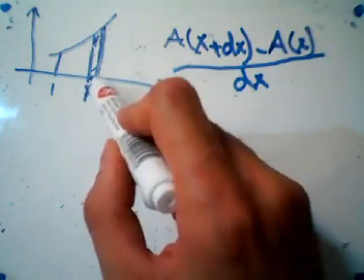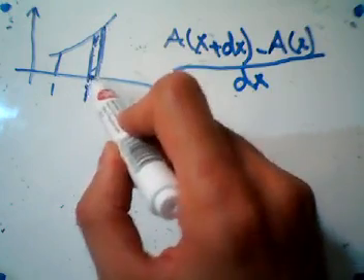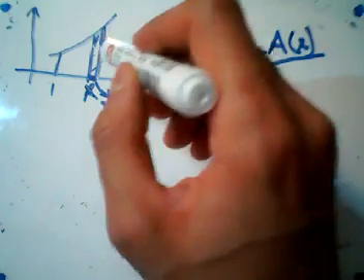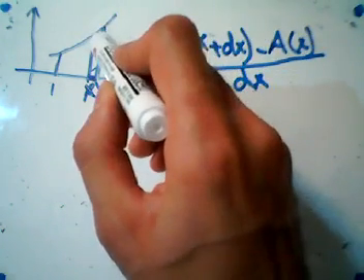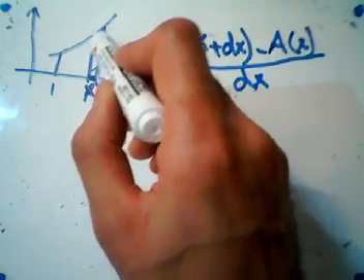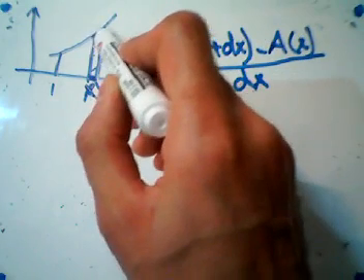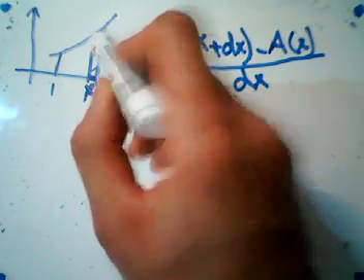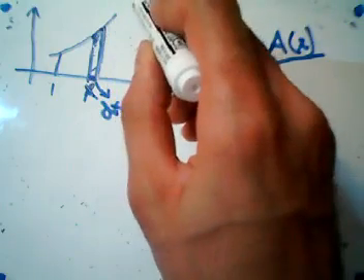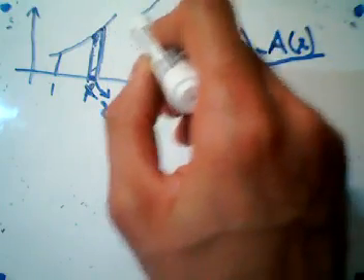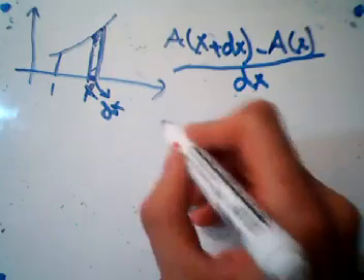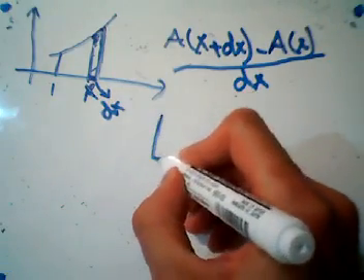And since it is an infinitesimal, which means infinitely small, this would be a straight line instead of being curved. So this thing would be like that.